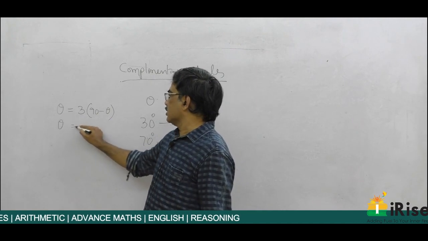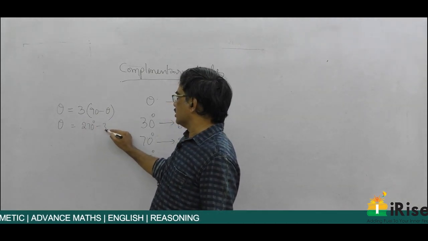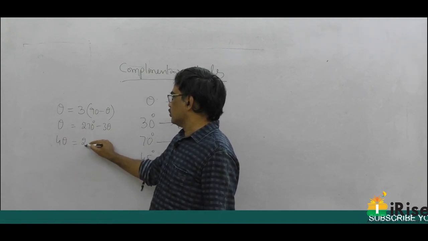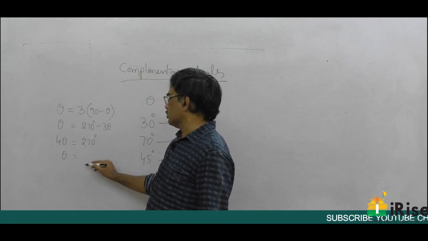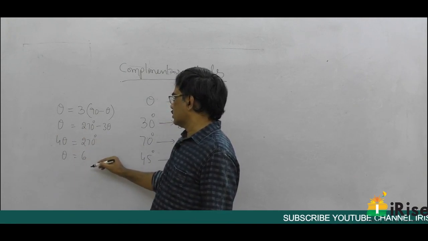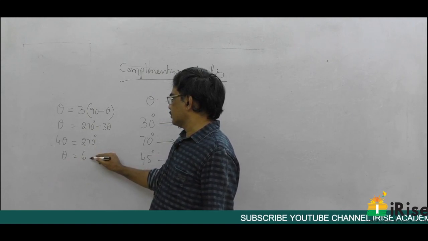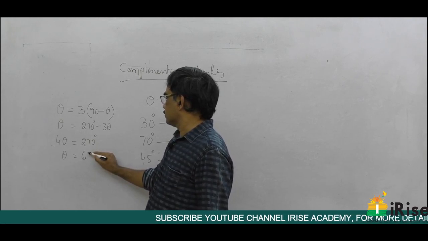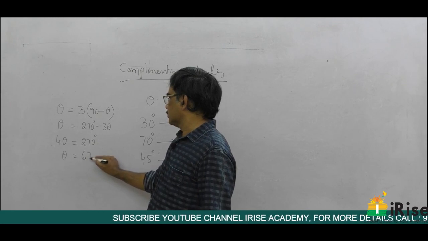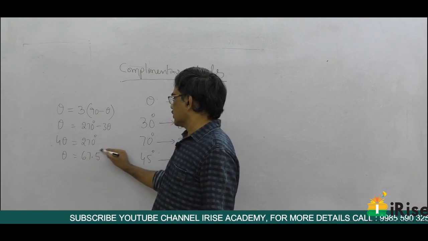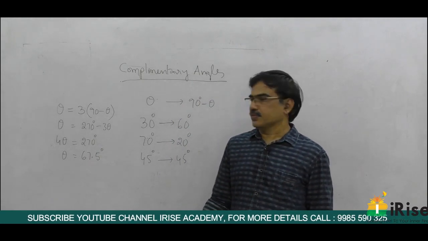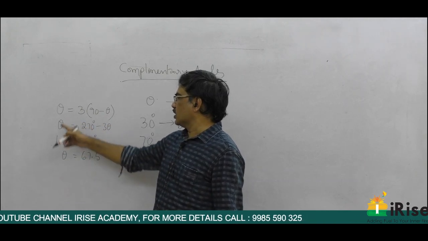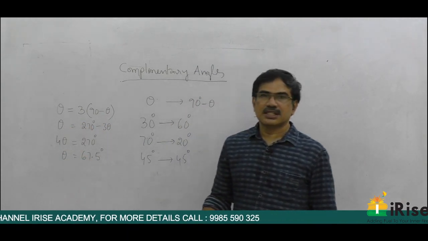Here theta is equal to 3 times (90 degrees minus theta), so theta is equal to 270 degrees minus 3 theta. This gives 4 theta is equal to 270 degrees. So theta is equal to 67.5 degrees.